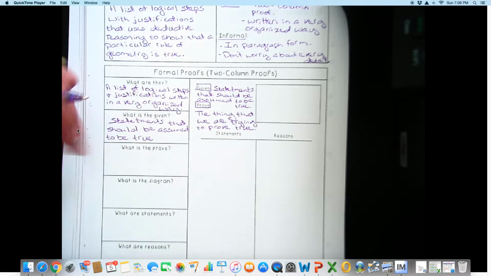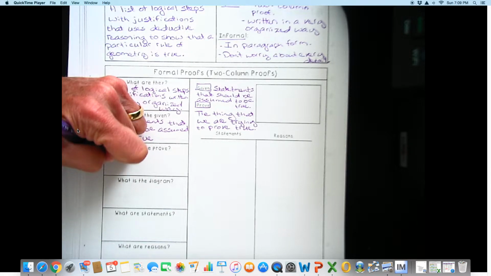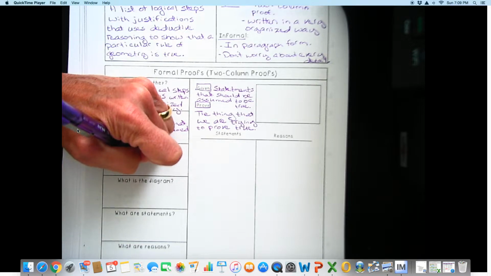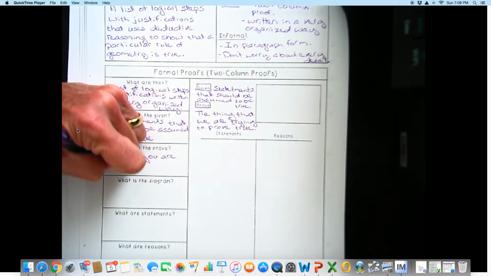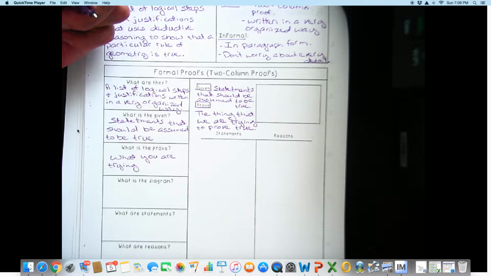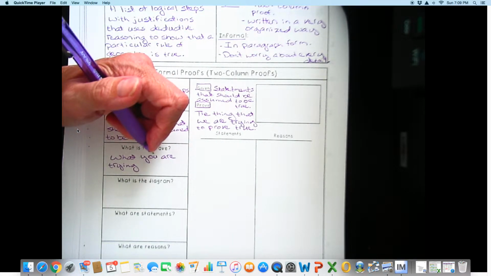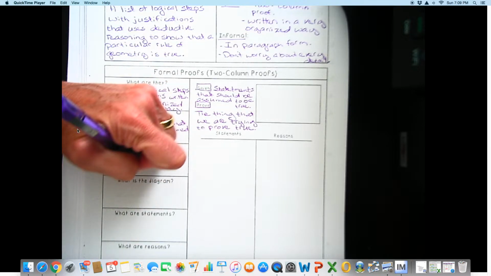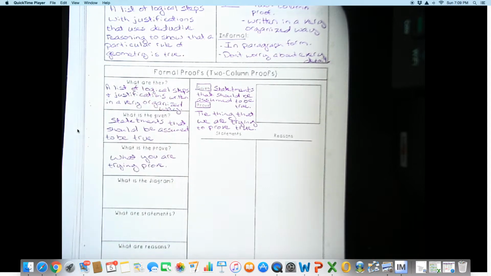All right? It's what we're trying to figure out. Or you could also say what you're trying to justify or trying to prove by your steps. I'm just going to write prove.